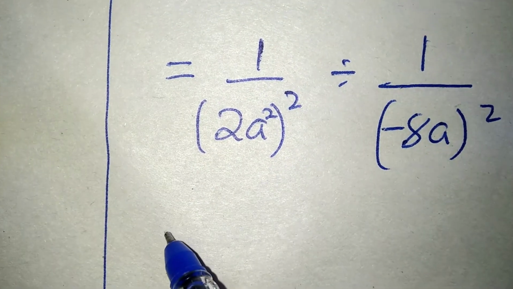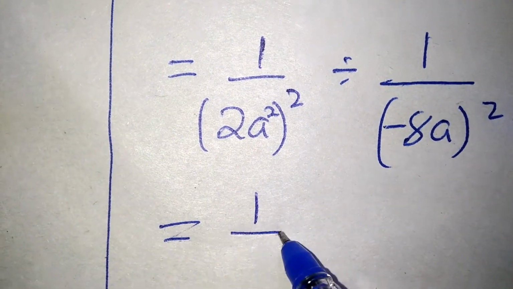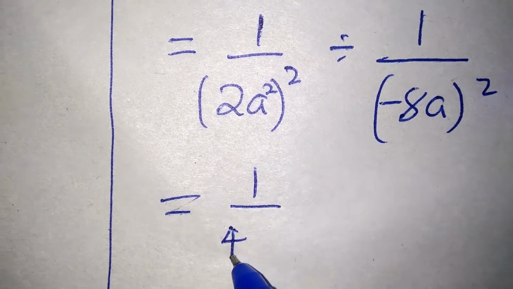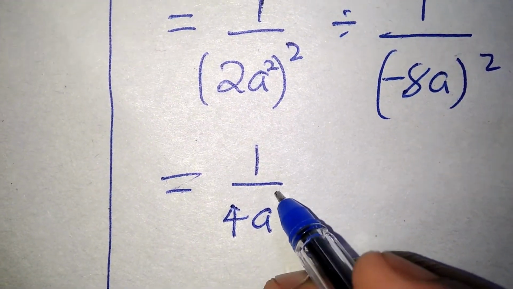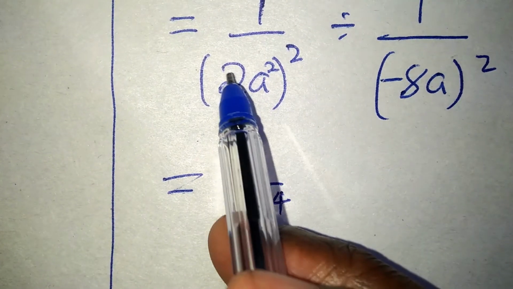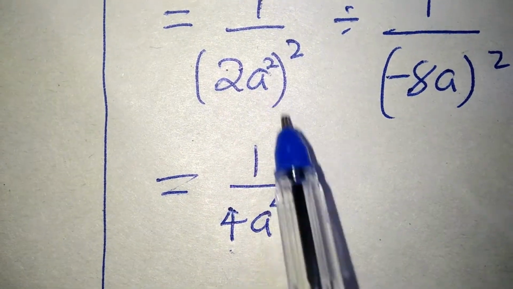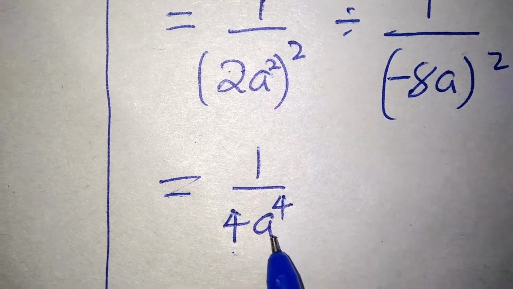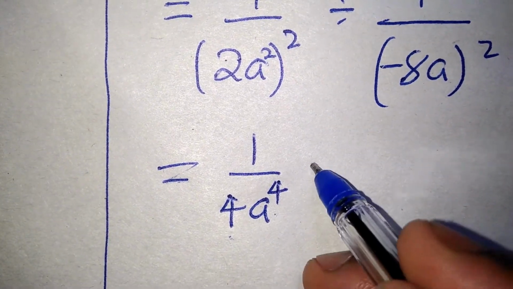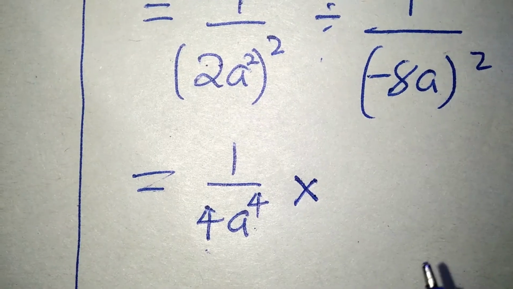Now this one becomes 1 over 4a raised to 4. We open the bracket, we square this to get 4, and we multiply the powers to get a raised to 4. Then we change the division to multiplication.